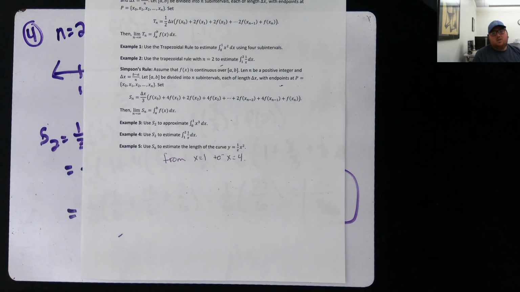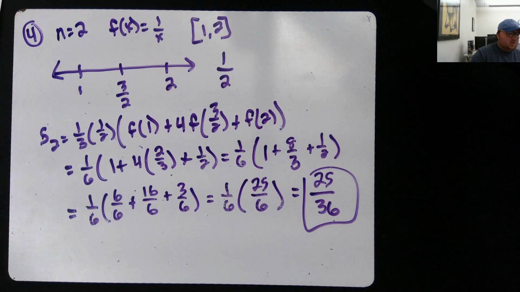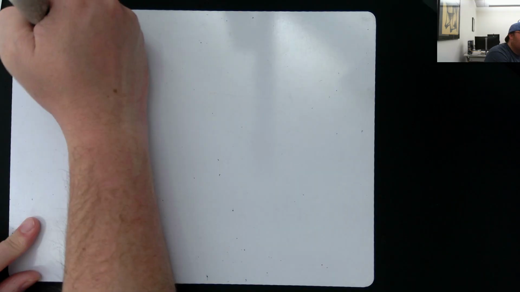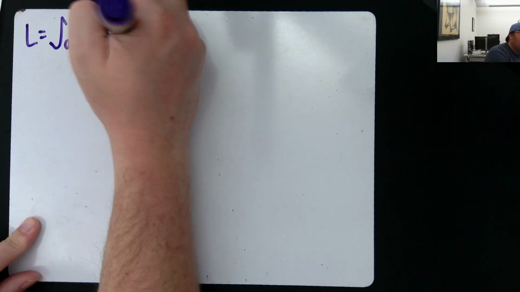So we're going to do that from x equals 1 to x equals 4. Okay, so we learned length of a curve in chapter 2. As a refresher though, the formula for the length of a curve is the integral from a to b of the square root of 1 plus the derivative squared.